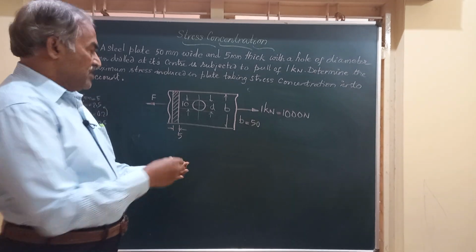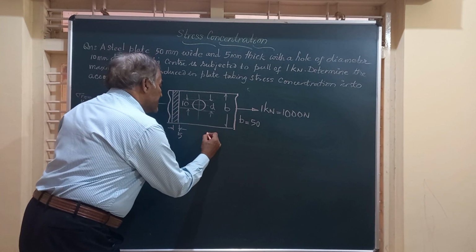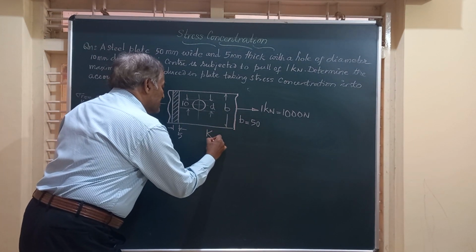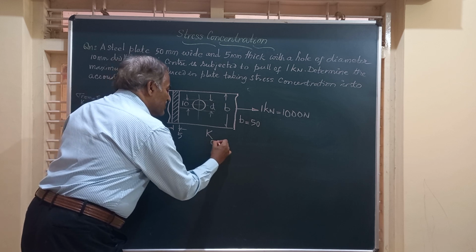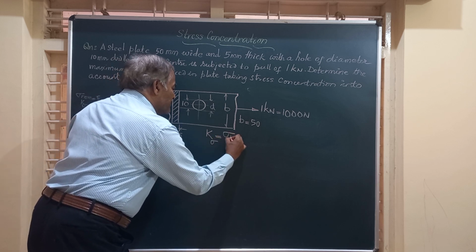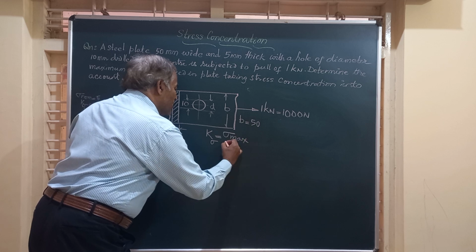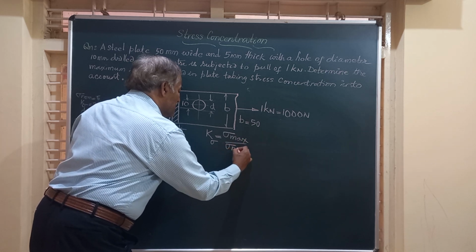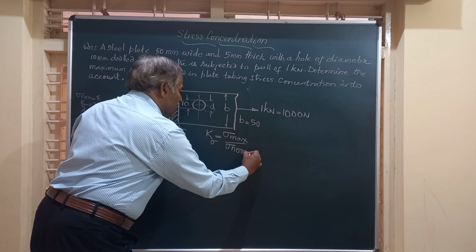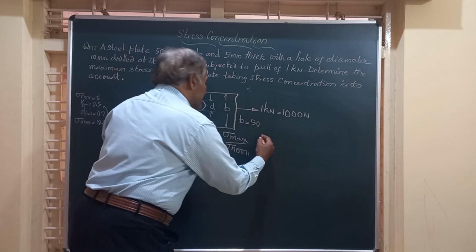So friends, we will start with the formula, that is K sigma is equal to sigma max by sigma nominal. We are interested in finding out what is sigma maximum.